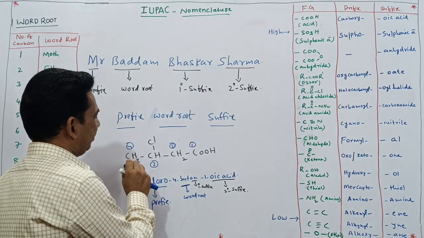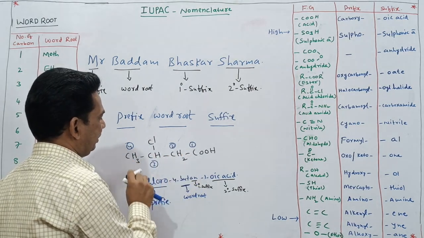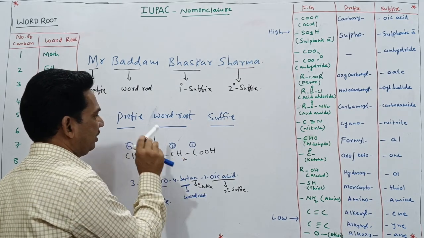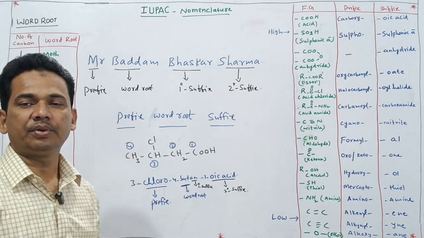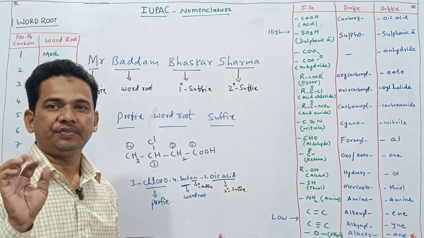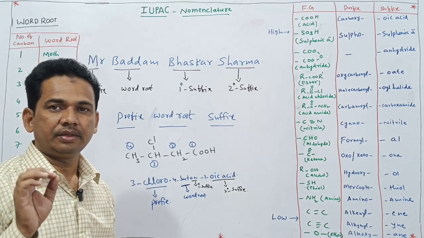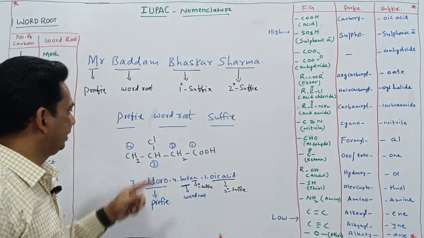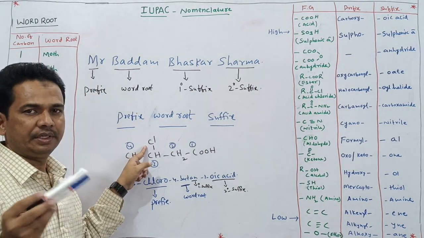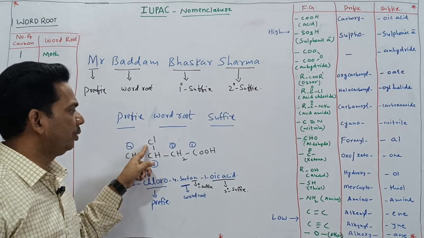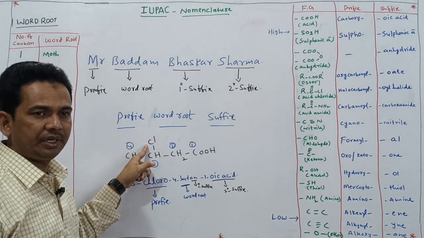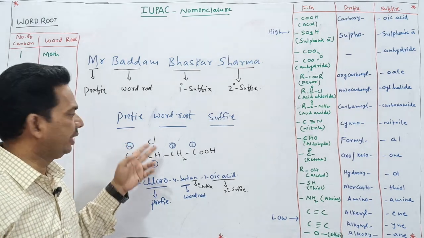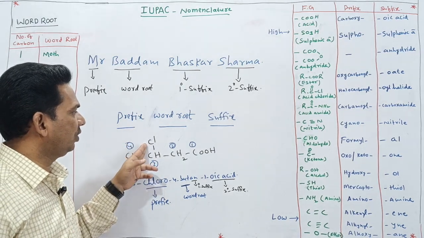See here, 1 2 3 4, these are all part of the compound. Only this one, which is not part of the compound, is called the prefix, which we give as a substituent. Instead of chloro, you can take a methyl group here, or any other halogen like bromo, or you can take hydroxy.